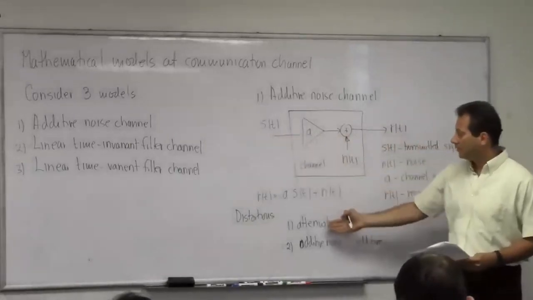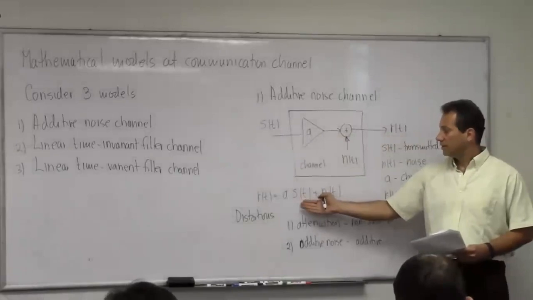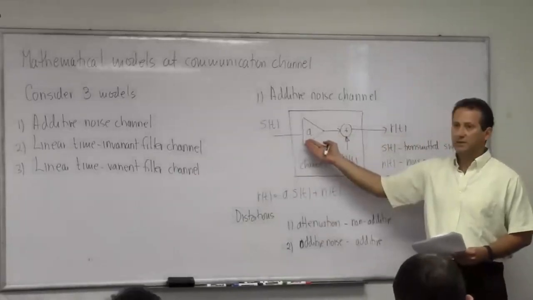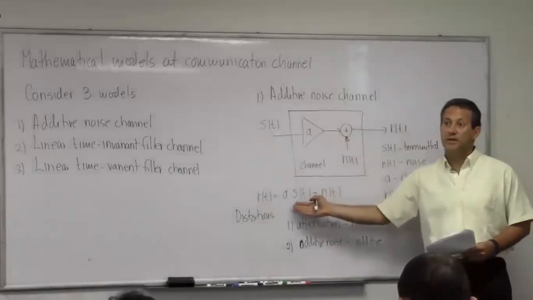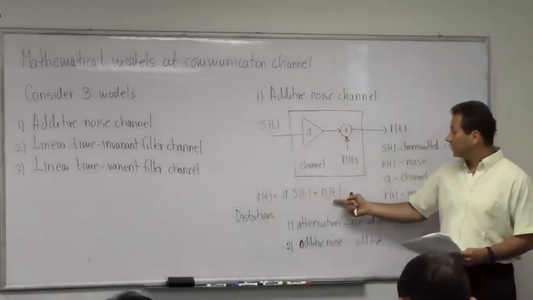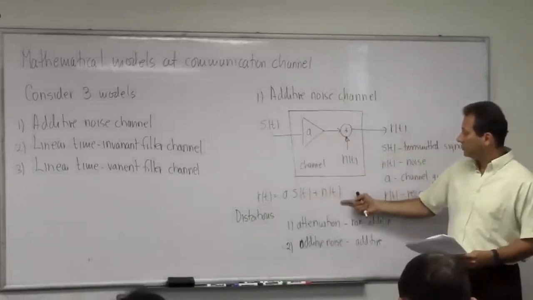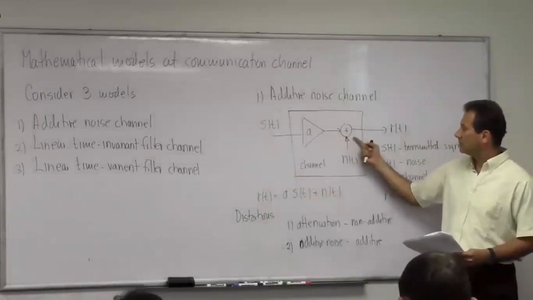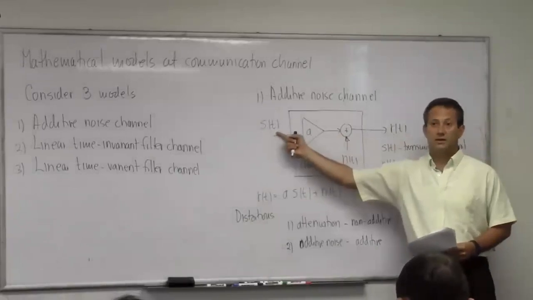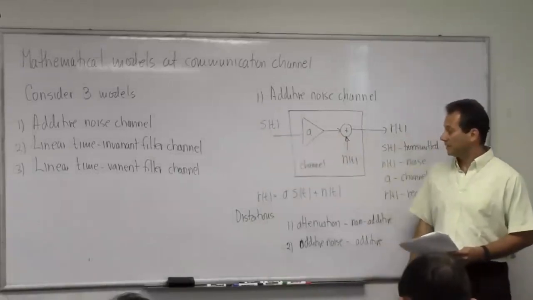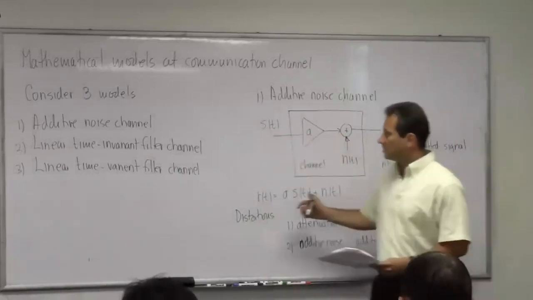When you have a multiplicative distortion, every frequency that you place in the input actually comes at the output, it just might be attenuated. But here, in addition to that, you have some components of the output signal that didn't exist in the input itself.